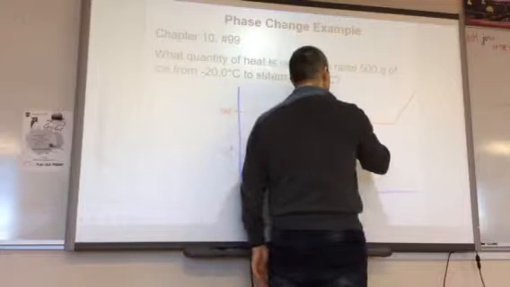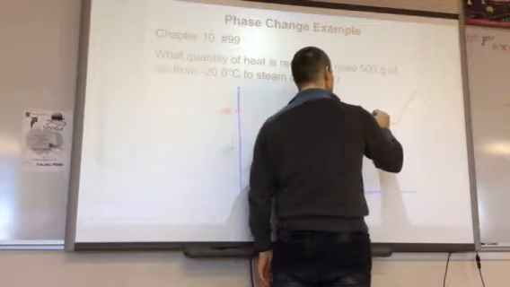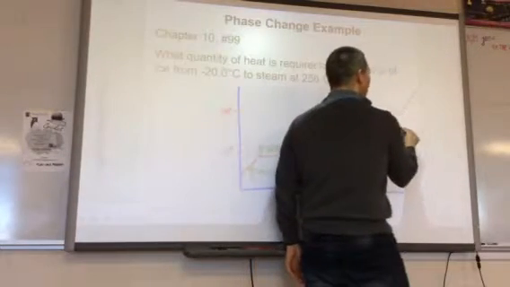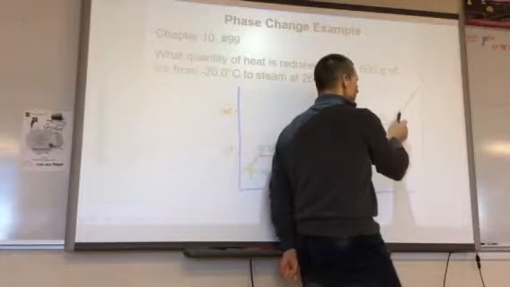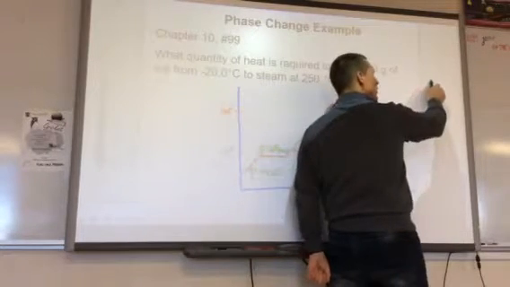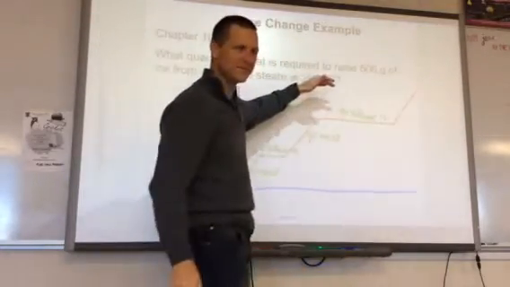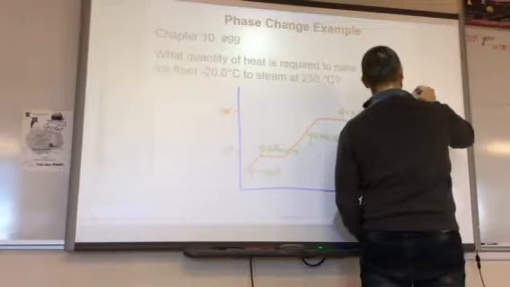Then it has to boil, so we use Q equals the heat of vaporization times moles. And once it's done here, that only gets to 100 degrees. Then it has to go from 100 degrees all the way up to 250 degrees as steam. So that's going to be another temperature change, Q equals mC delta T.